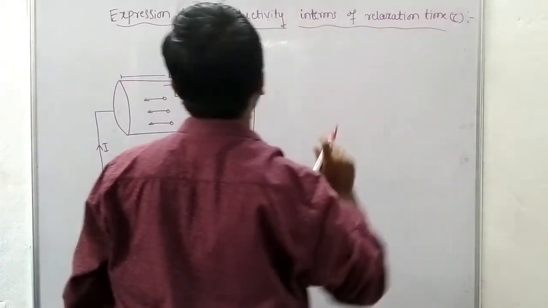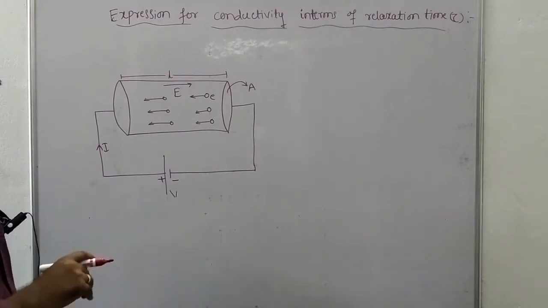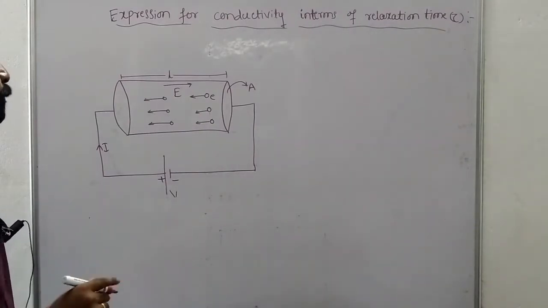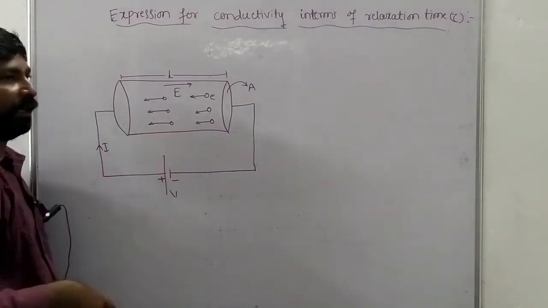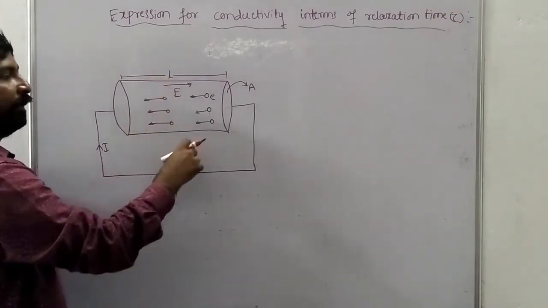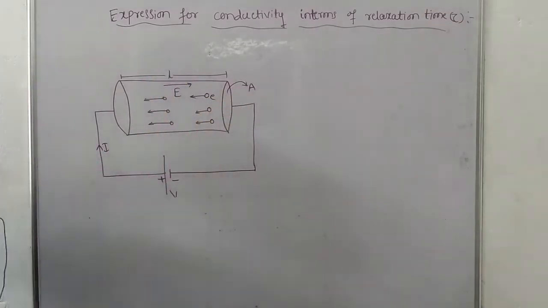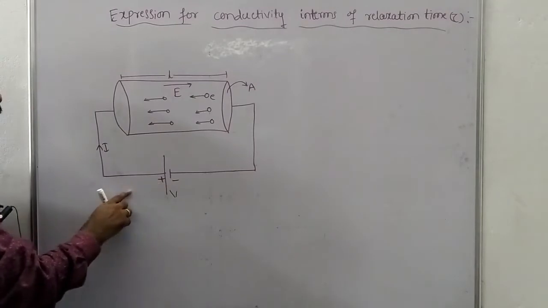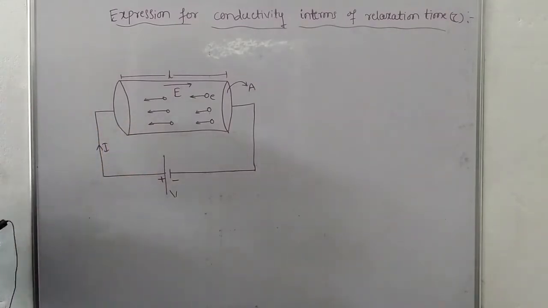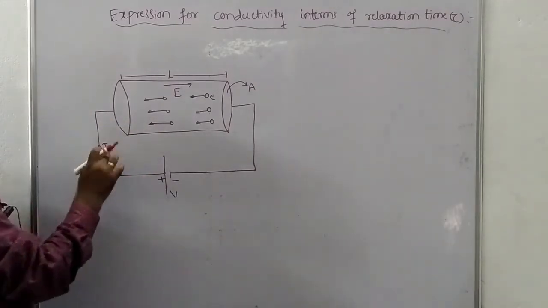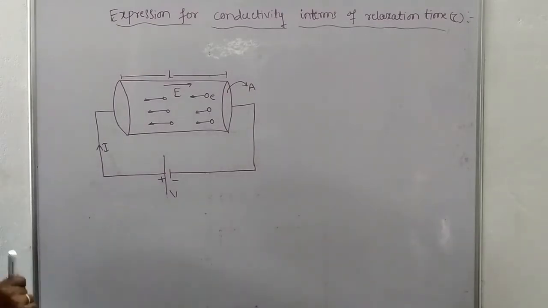Again, consider a conductor of length L having cross sectional area A, across which a potential difference V volt is applied, then current is flowing through it, as shown in the diagram.